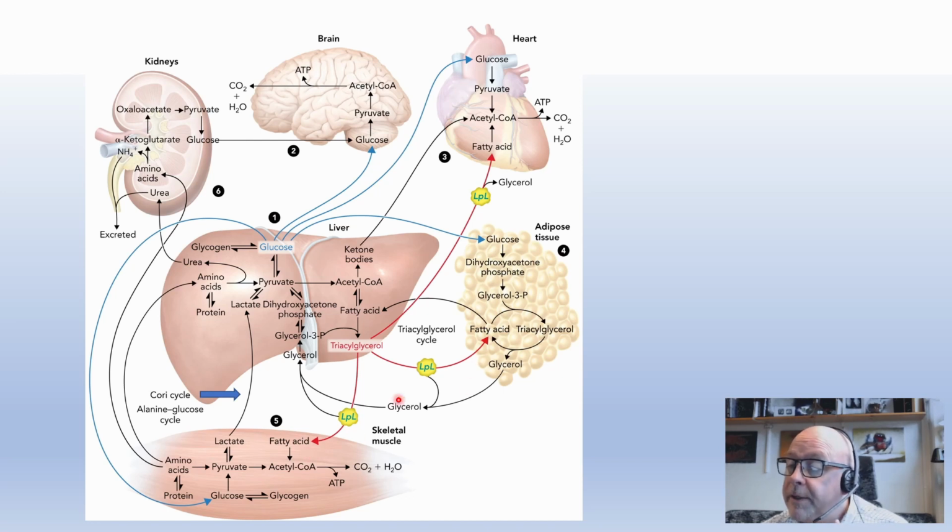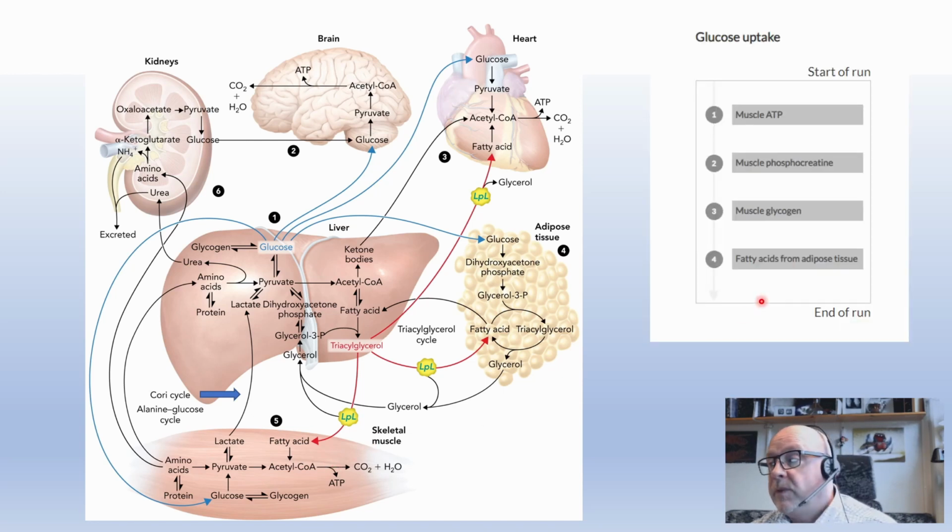It's not storing them typically, we have the storage in the fat, we have the triacylglycerol cycle communicating with the liver, releasing via lipoprotein lipase, releasing triacylglycerols, and the liver can package these for delivery to the muscle, where the muscle then can break down fatty acids to make acyl-CoA and generate ATP.